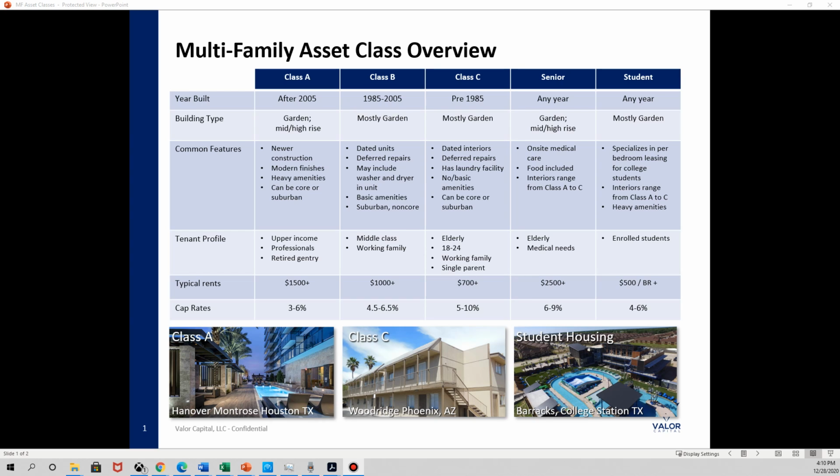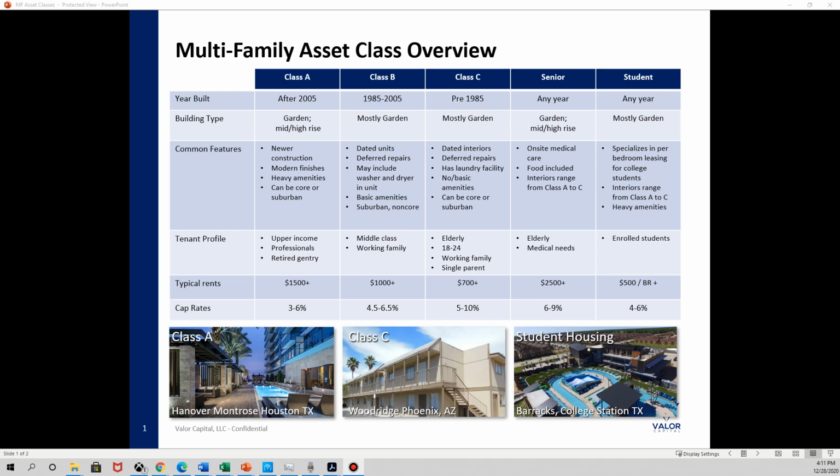As we think about Class A, B, and C, the main difference between these classes is typically age of construction and overall design and amenity set. Typically, Class C, and you might even hear terms Class D, really refer to the oldest subset of multifamily properties.